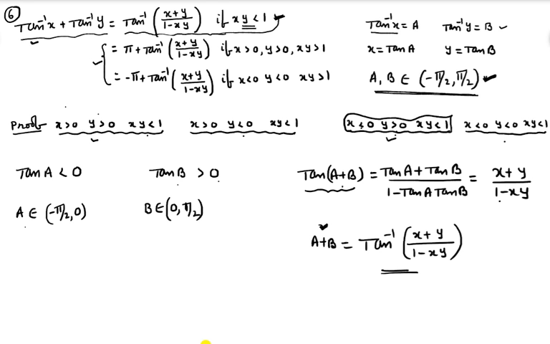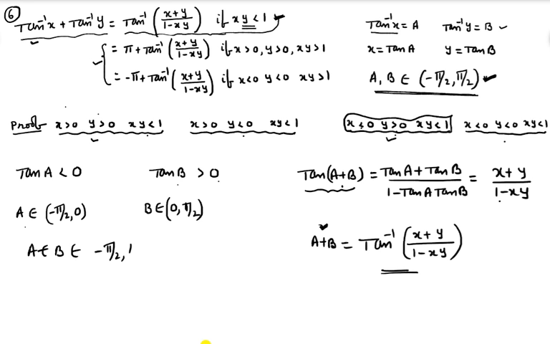You can write this only when a plus b lies in the interval minus pi by 2, pi by 2, right? If a plus b belongs to that interval, then only we can write. Now you can check here, a belongs to minus pi by 2, 0, b belongs to 0, pi by 2.